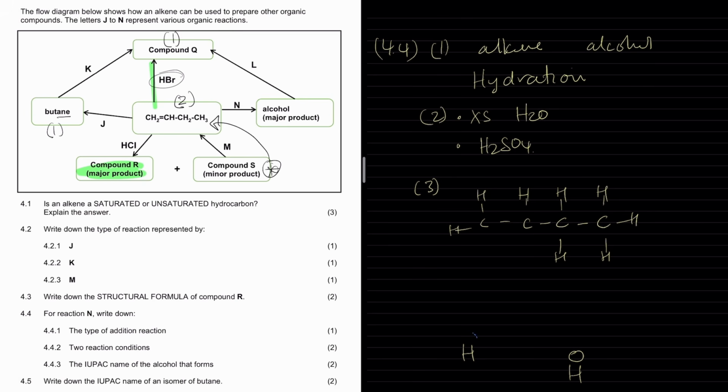So again, just like before, the hydrogen will go to the carbon with the most hydrogens, and then that means the OH is going to fill in the other space, like so. And they want the name of this. So the name of this is going to be butan-2-ol.